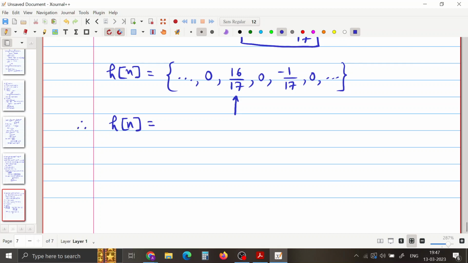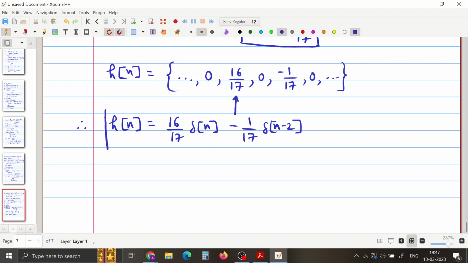In terms of the scaled and shifted delta of n, I can write it as 16 by 17 del of n minus 1 by 17 del of n minus 2. These are the only non-zero values. So we are done.